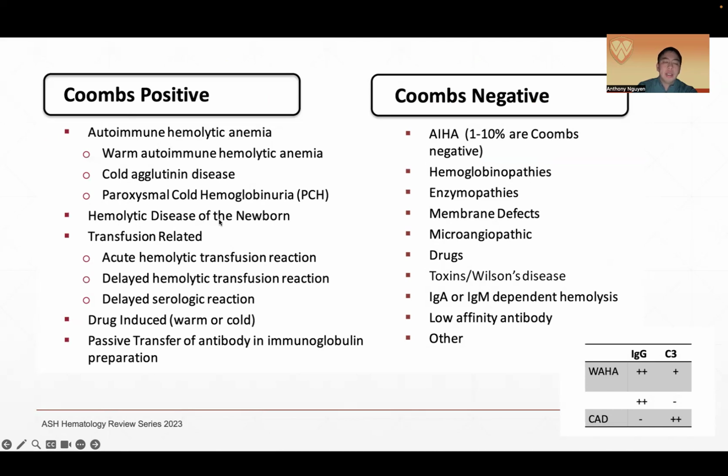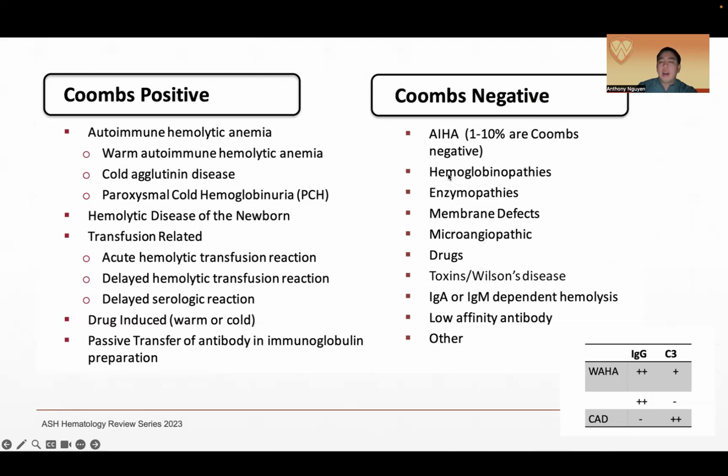Also, hemolytic disease of the newborn is under Coombs positive, and then transfusion-related hemolytic anemias, such as acute hemolytic transfusion reactions, delayed hemolytic transfusion reactions, and delayed serologic reaction. Drug-induced warm or cold can also be Coombs positive, and then there can be passive transfer antibody in immunoglobulin preparations.